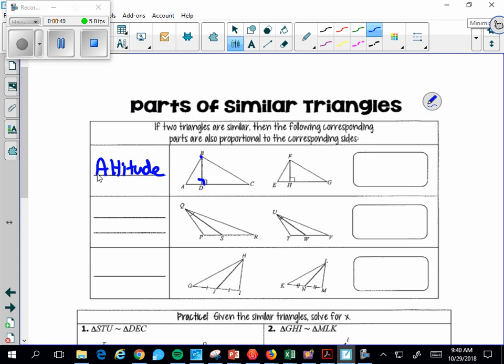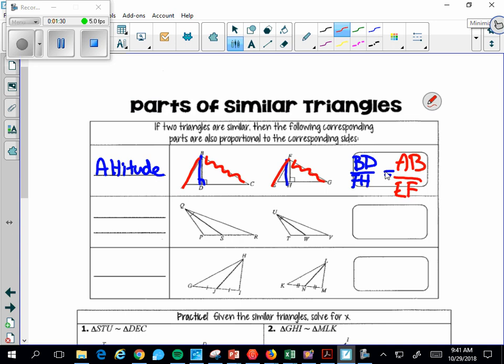In this case, we're going to say that the altitudes between our two similar triangles, my altitudes here, are equal to the ratio of, we'll do AB and EM. And it works for the other sides too, so I could have said those ones. There'll be a couple of examples where you see it. So that's one of them.